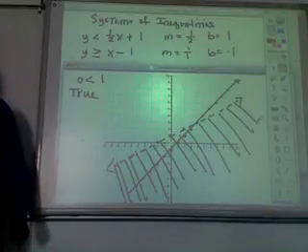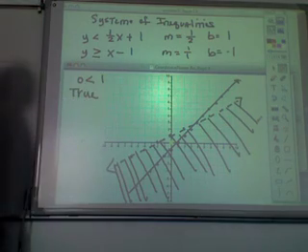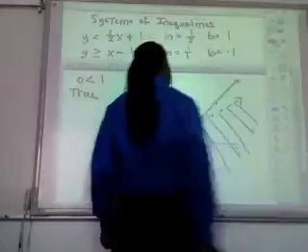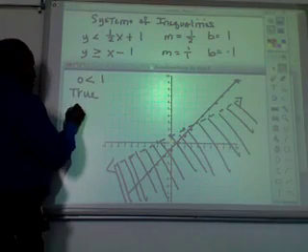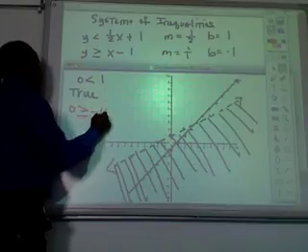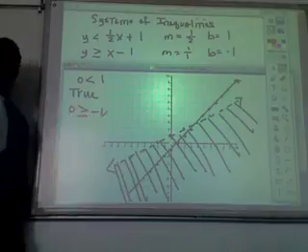Now I need to test the shade for my solid line. Let's make this red. This is going to be 0 is greater than or equal to -1. Is 0 greater than or equal to -1?